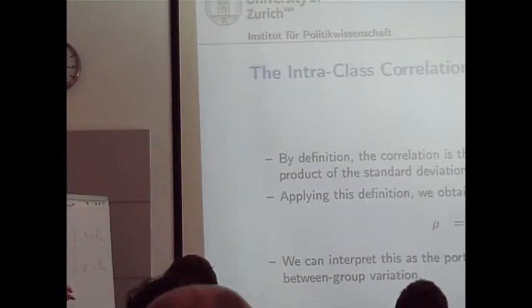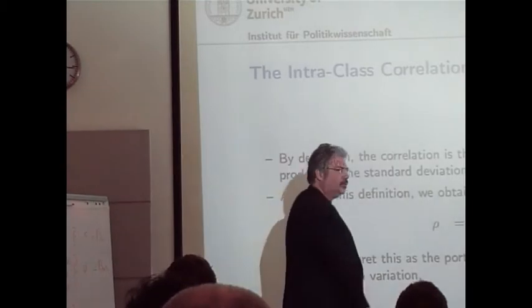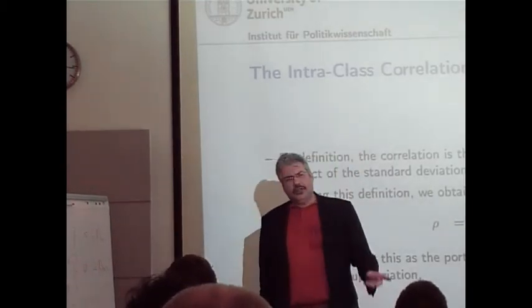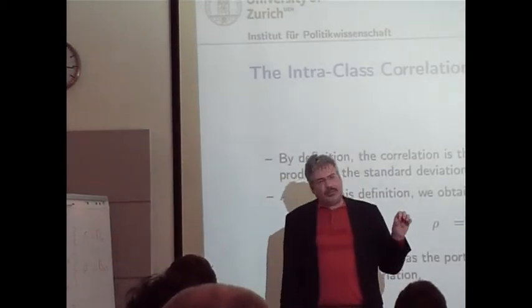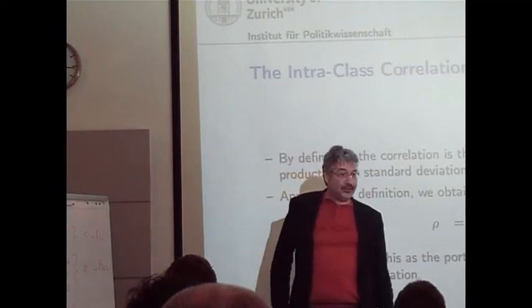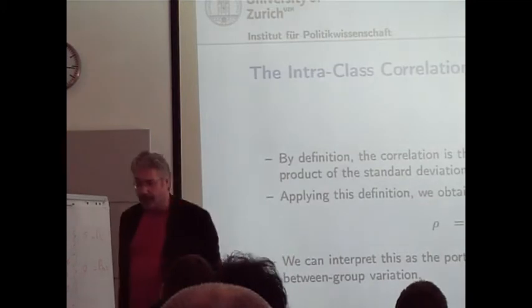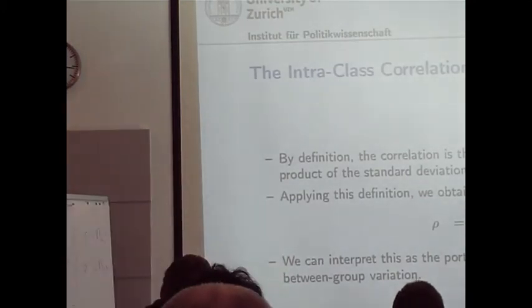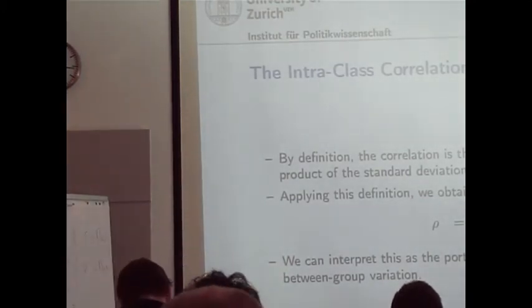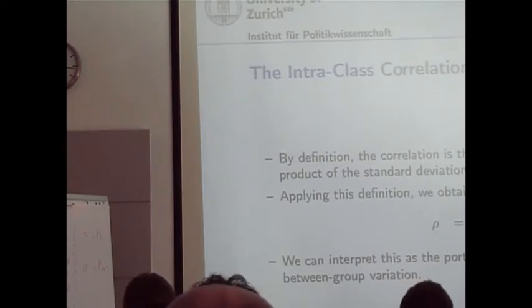In that case, rho is 1. And that effectively would mean that your effective sample size is really 1, because you think you have 1,000 Germans, but you could have done with just one of them. And you would have known everything you wanted to know about the dependent variable. There is no variation in the dependent variable.